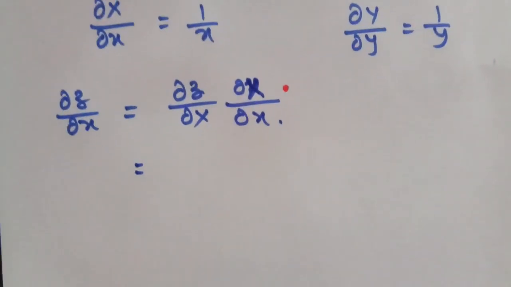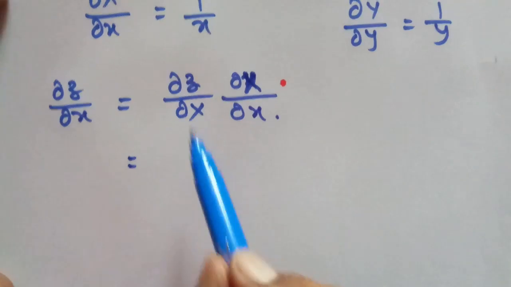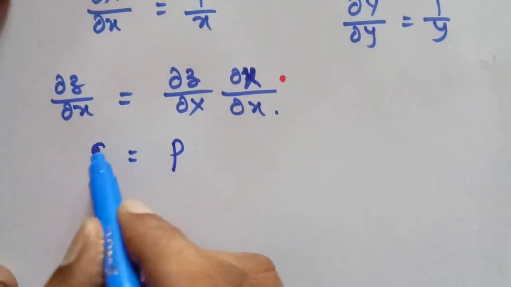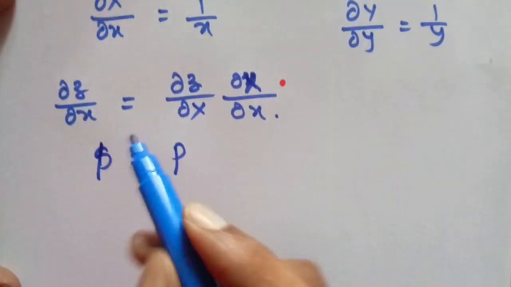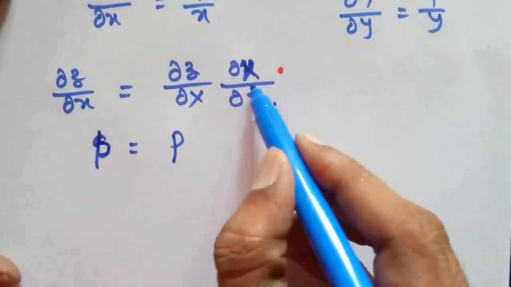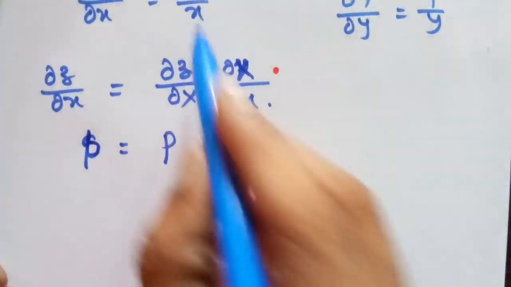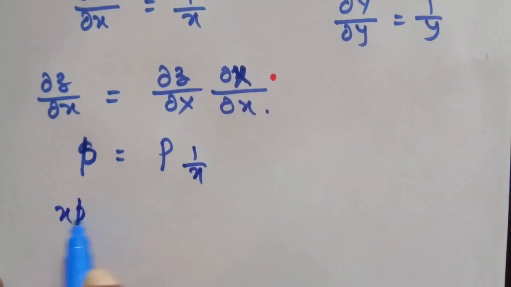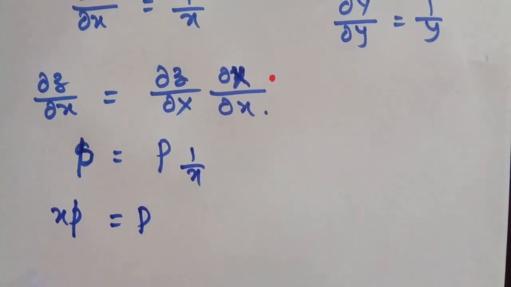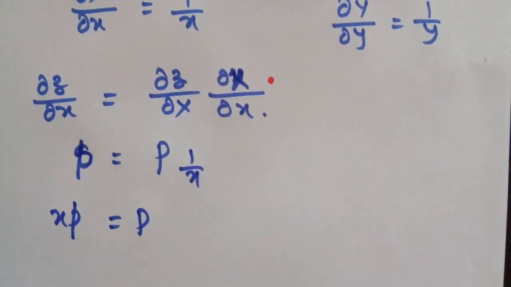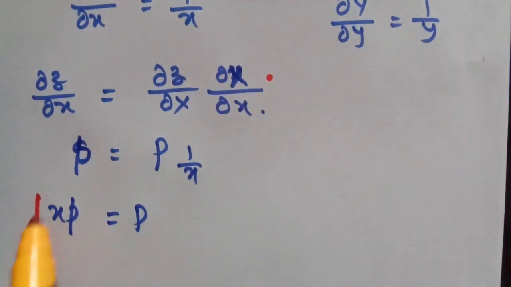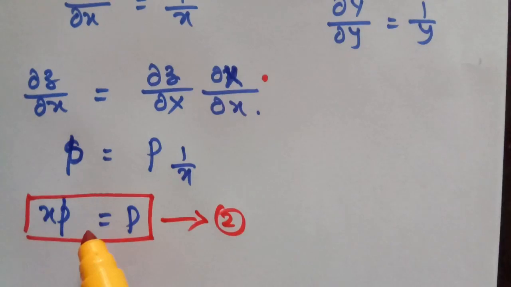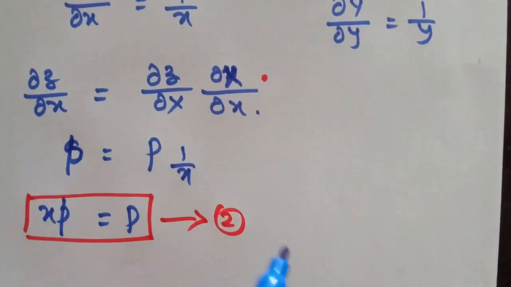Therefore, z with respect to capital X is denoted by capital P. This is denoted by small p, and dou X with respect to small x is 1 by x. By cross multiplication, x into p is equal to capital P. Therefore, say this is equation number 2.